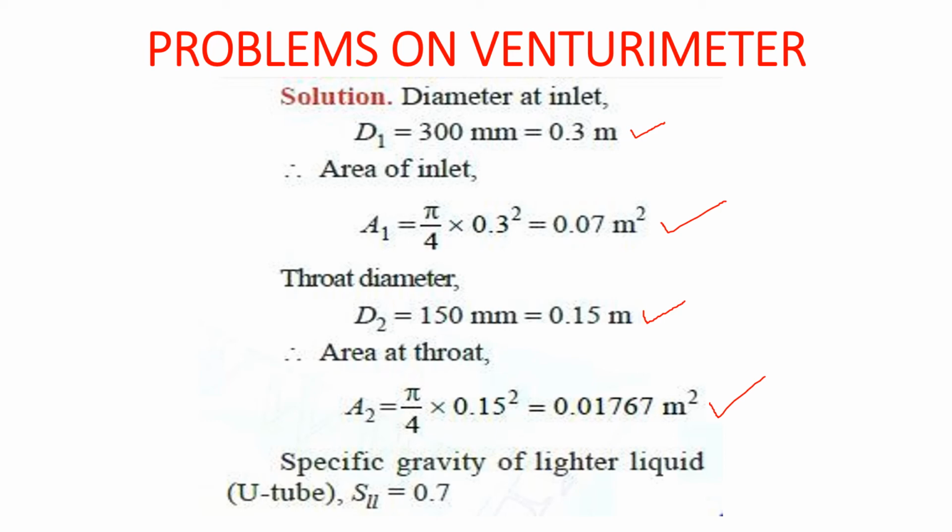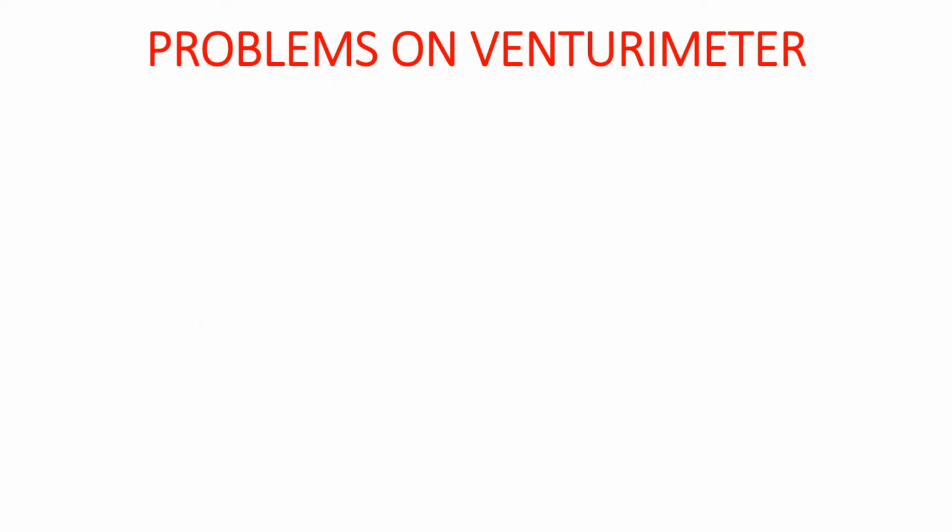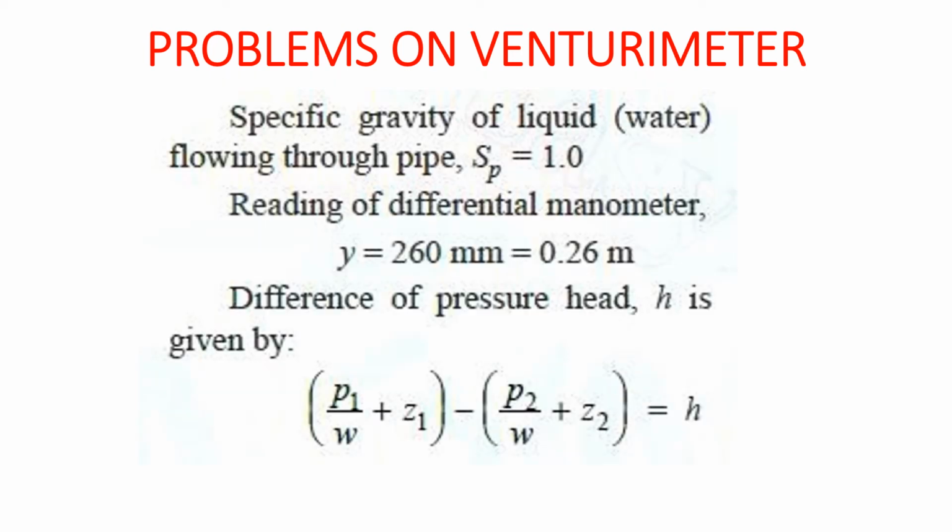So we have got A1, we have got A2. Then specific gravity of lighter liquid, that is SLL, is 0.7, which is in the U-tube manometer. Then specific gravity of liquid flowing through this pipe is 1. Okay, then reading of the differential manometer Y is 260 mm, so it is 0.26 meter.